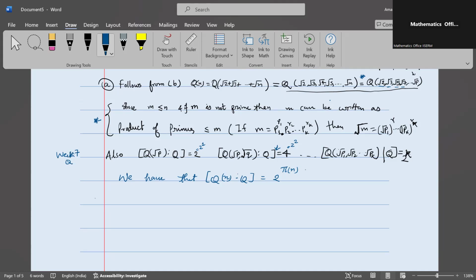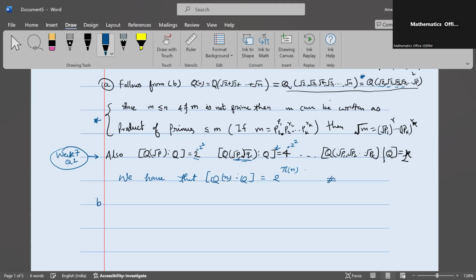There we have shown that for distinct primes, or relatively coprime numbers, if you attach them one by one, the degree gets doubled each time. So for example, here it was 2, then for two primes we get 4, and then we'll get 8 like that. So part a is done now.